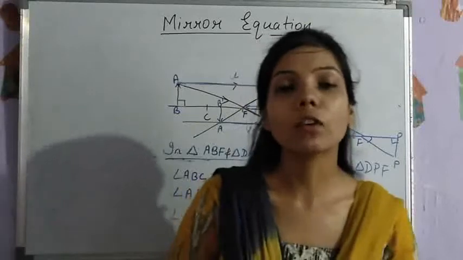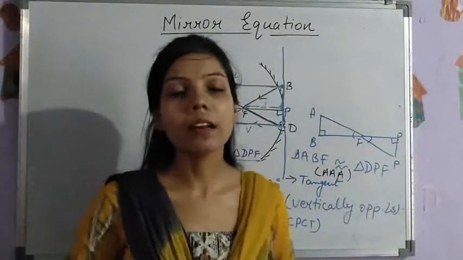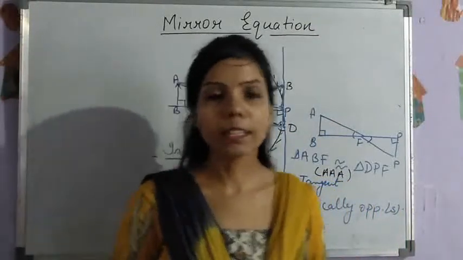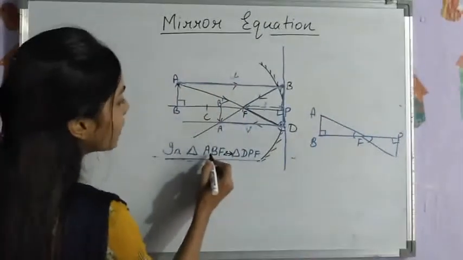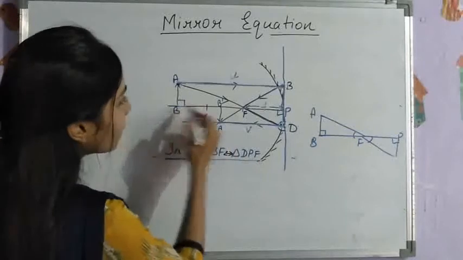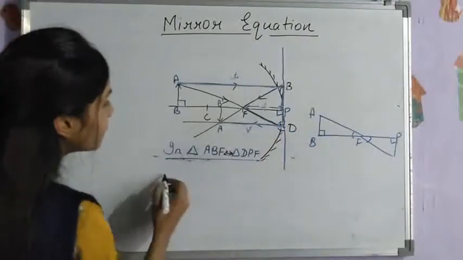So also we know that if two triangles are similar, then the ratio of their corresponding sides are also equal. So we will take the ratio, that is AB and DP. AB and DP, these are the corresponding sides.